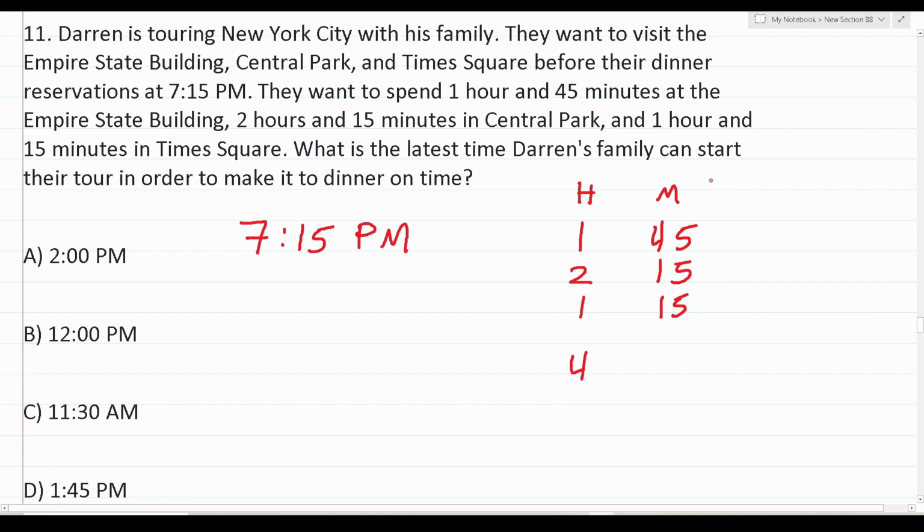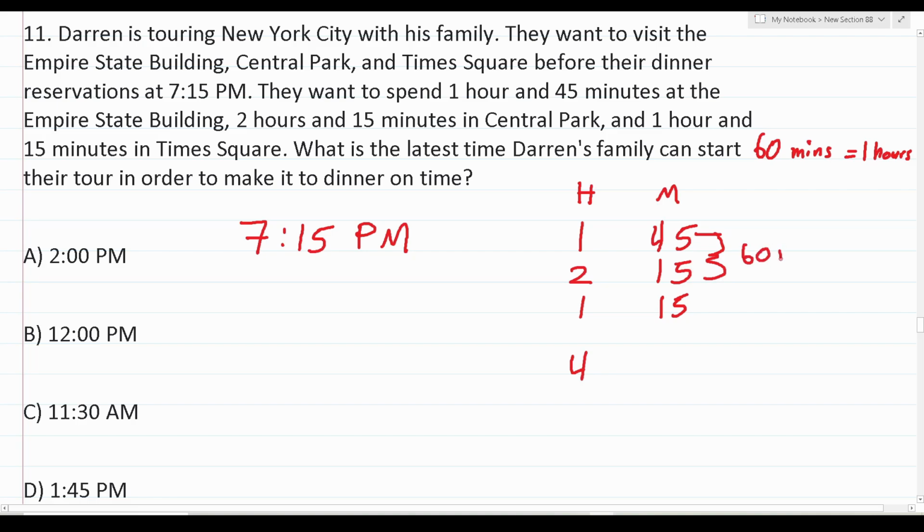Now, as we add up these minutes, we have to keep in mind that there are 60 minutes in every hour. So as we add this up, once we reach 60 minutes, I'm going to count that as an hour, and I'm going to move it to the hour column. So right here, we have 45 plus 15.